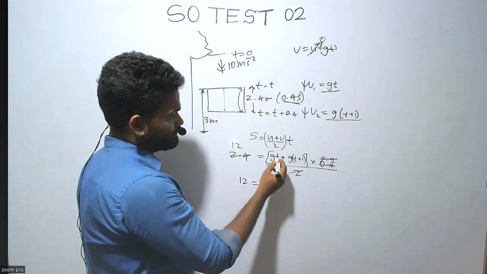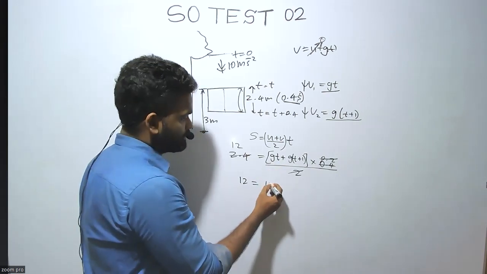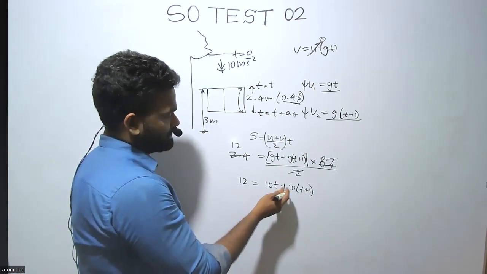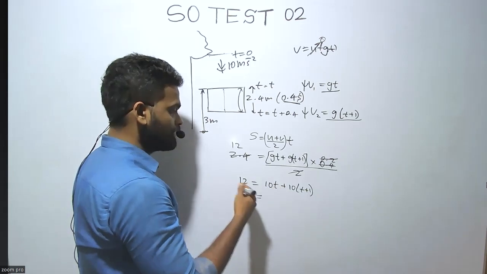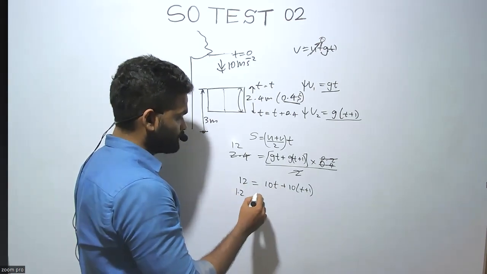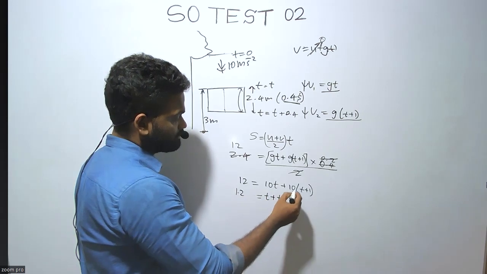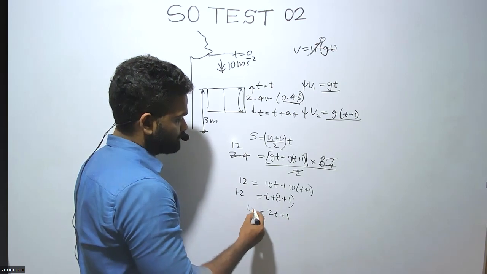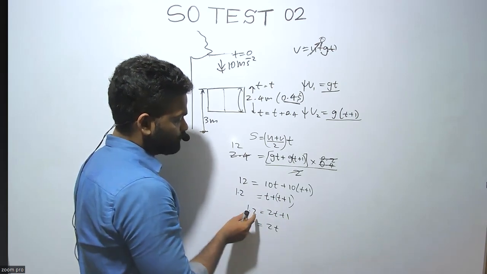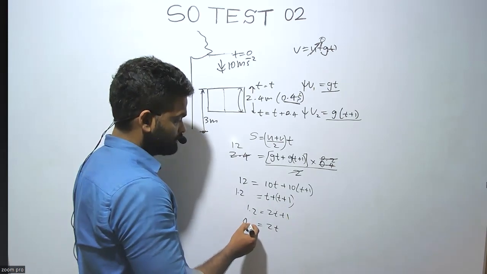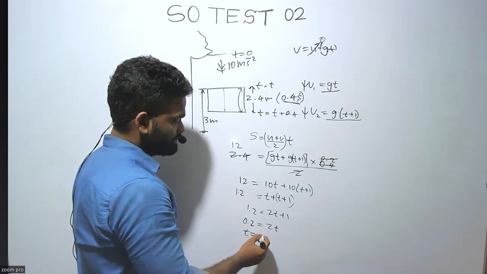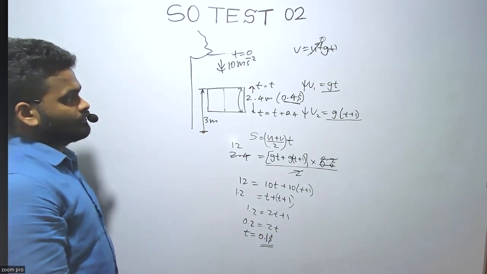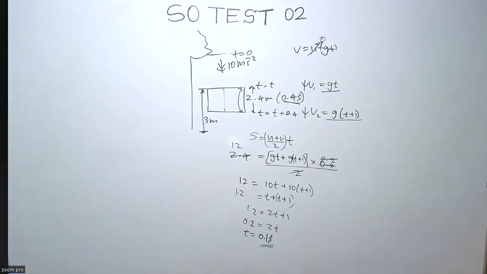So 12 is equal to, g means 10, so you can substitute 10t plus 10(t plus 1). Then you can divide the whole thing by 10, so this becomes 1.2 equals t plus t plus 1. So 2t plus 1 equals 1.2, so 2t equals 1.2 minus 1, 0.2. Then t is equal to 0.1 seconds.